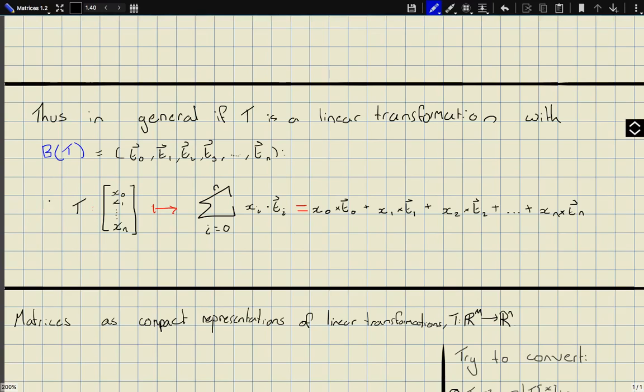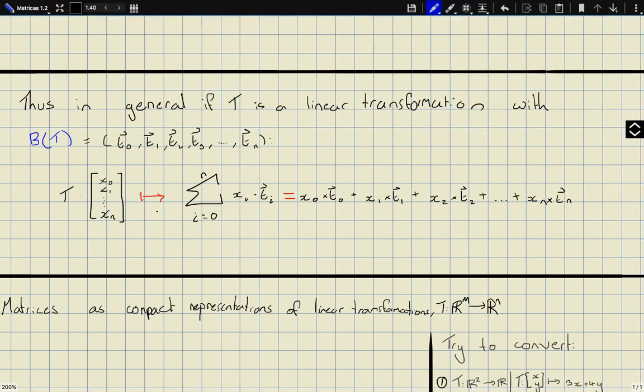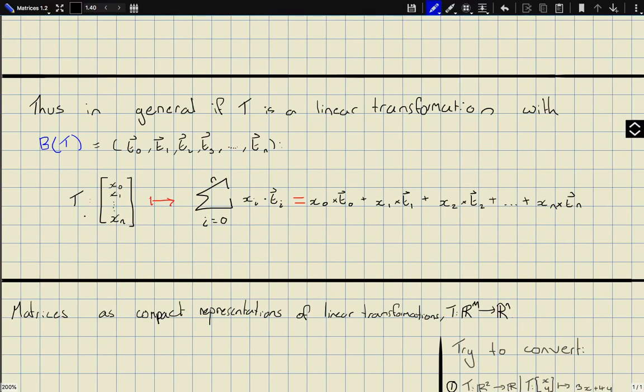And so what that means is that T is a linear transformation that takes a vector x0, x1, all the way through to xn, and transforms it simply into the combination x0 times T0, plus x1 times T1, x2 T2, x3 T3, all the way through to xn Tn.